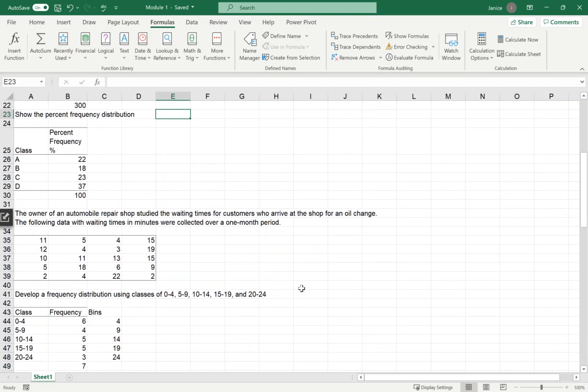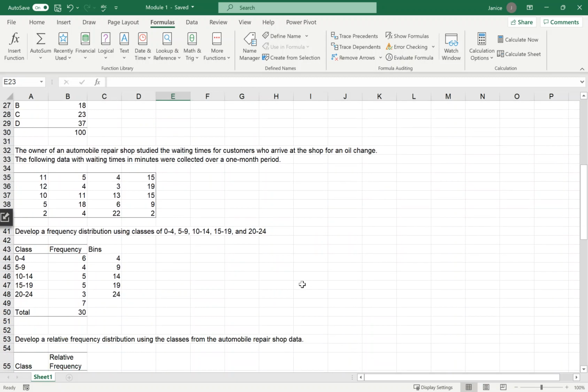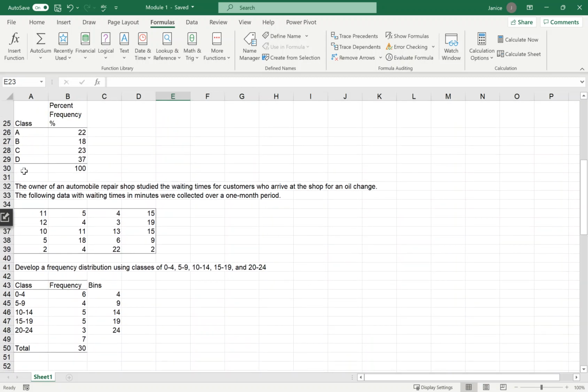You're going to see another kind of problem where this is a word problem. It says the owner of an automobile repair shop studied the waiting times for customers who arrived at the shop for an oil change. The following data with waiting times in minutes were collected over a 1-month period. And here's the data.